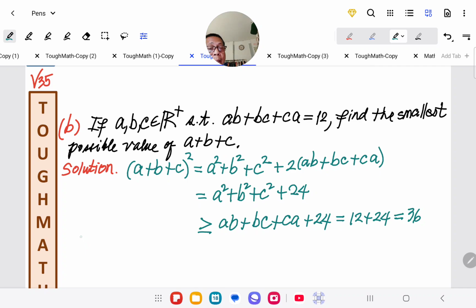That is, a plus b plus c is greater than or equal to 6.